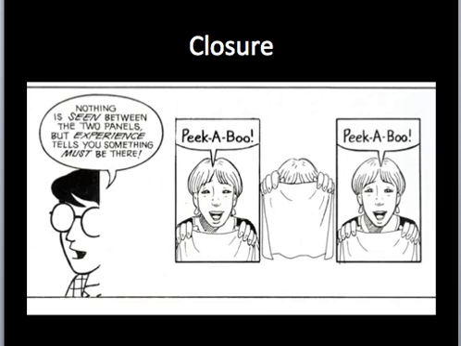So, nothing is seen between the two panels, but experience tells you something much different, kind of like peekaboo. In peekaboo, if you know childhood development, when you're a very young child, you actually do think that person disappears. As you get older, you realize they're not disappearing. They're coming back.